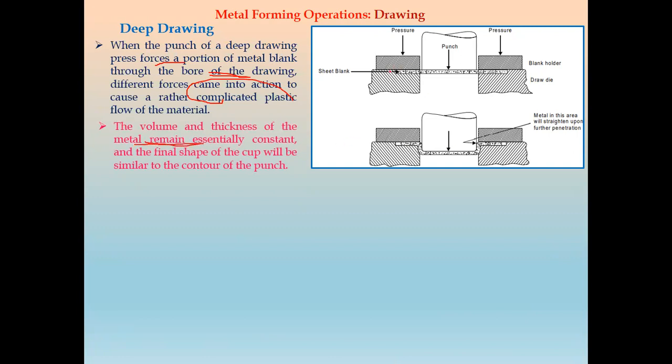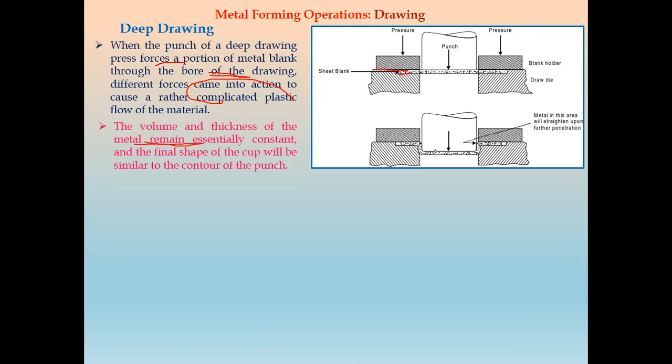If you see here, this is the sheet metal blank and the punch operation will be applied. It will make the material flow along this direction. The metal in this area will straighten upon further penetration.